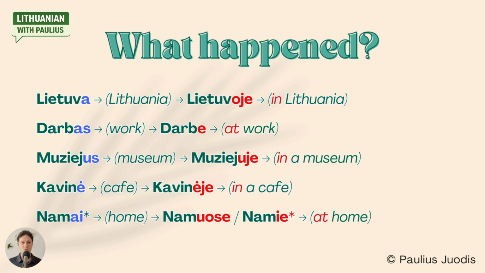Filipinuose, Šiauliuose, Hawaiiuose, Niderlanduose, and so on. But with namai, we have also an exception, the word namie. So you can choose. If you want to say I'm at home, you can say aš esu namie or aš esu namuose. Depends on you, which version you like more.